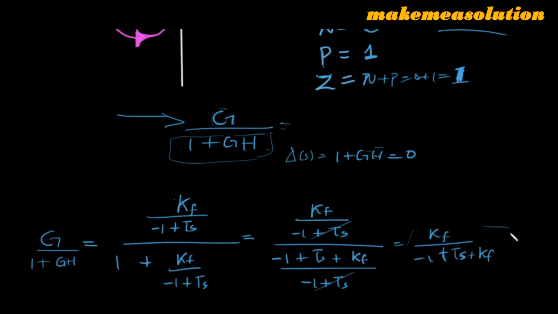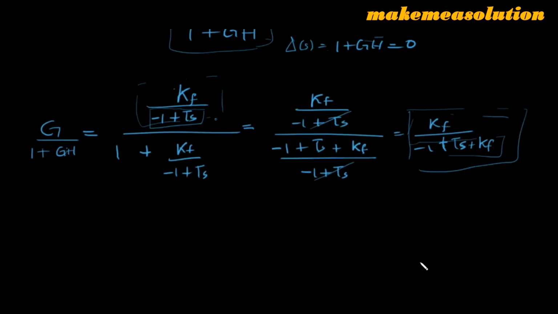If you equate the denominator of this new transfer function to 0, we call it solving for the closed loop poles. So this is the closed loop transfer function, while this is the open loop transfer function. You can see the open loop poles come from equating this one to 0 and solving, and the closed loop poles from equating this one to 0 and solving. So let's see if we can do it.